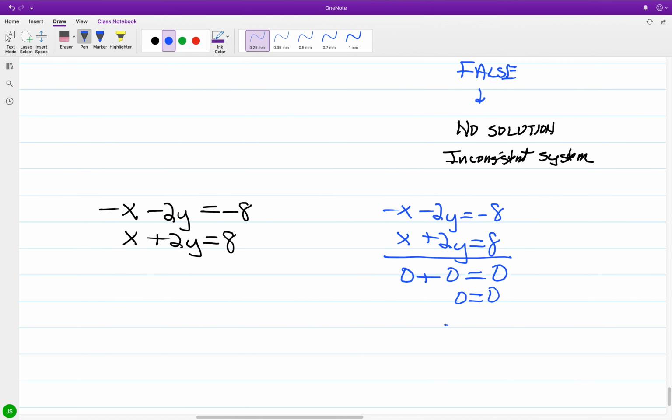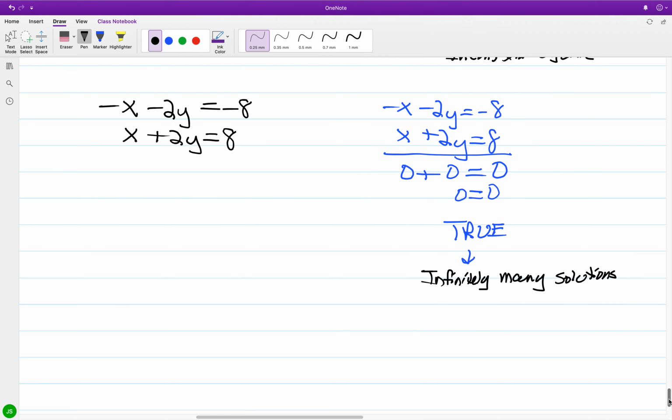This means we have a true outcome, and the x and y terms canceled out, so we have infinitely many solutions. This is in reference to a system that is both consistent and dependent.